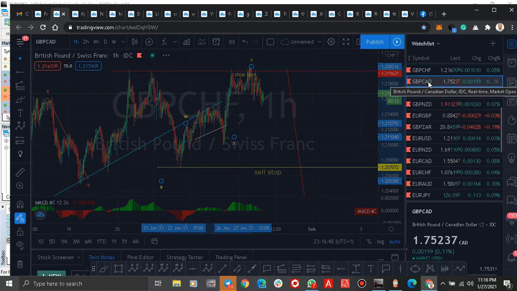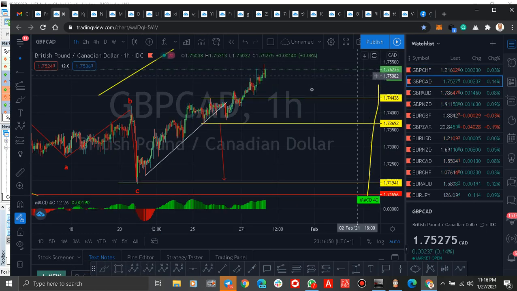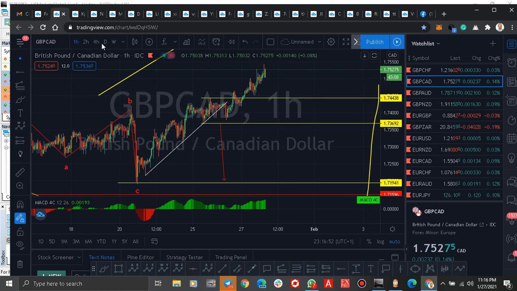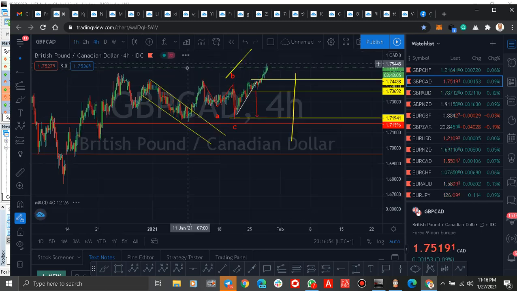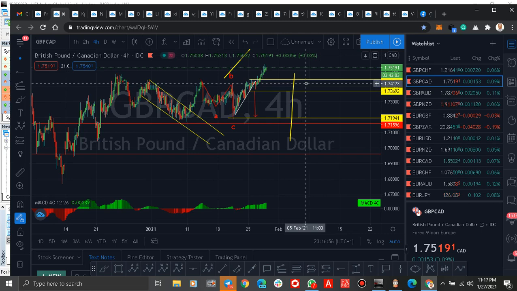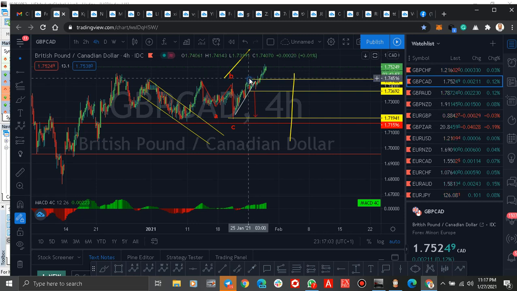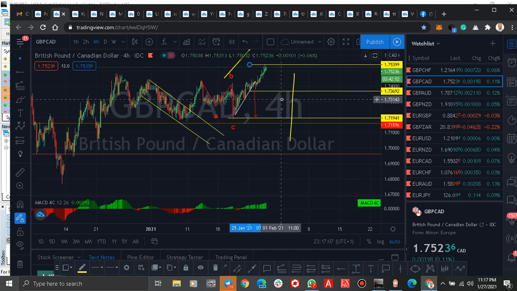Pounds card, pounds card. Okay, I was thinking that it will not go beyond this line, but you can see it has broken it and it continues going up.